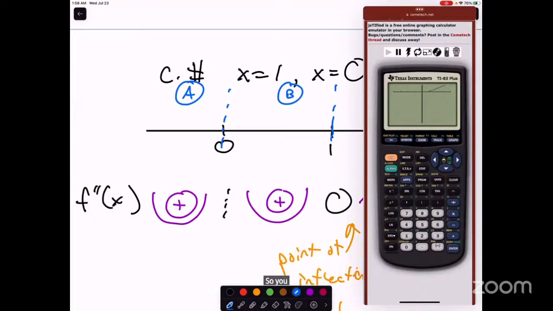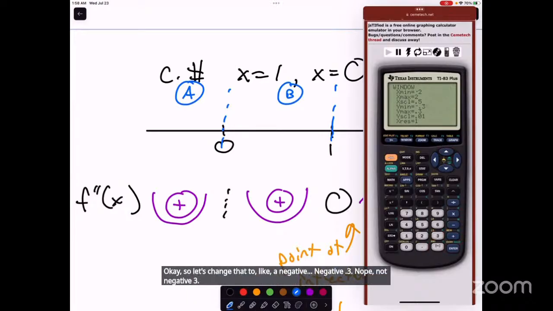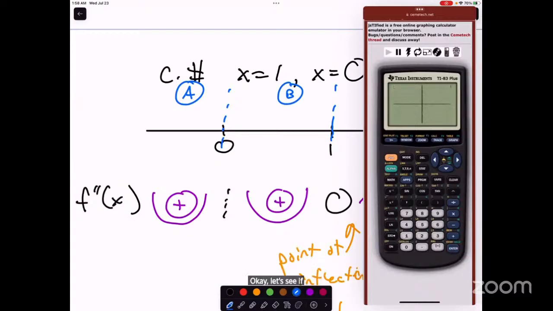So you can kind of see it. Let's see, y minimum. Okay, let's change that to like negative 0.3. Nope, not negative 3. Okay, let's see if that gets us to see.